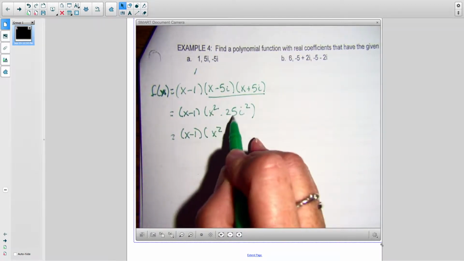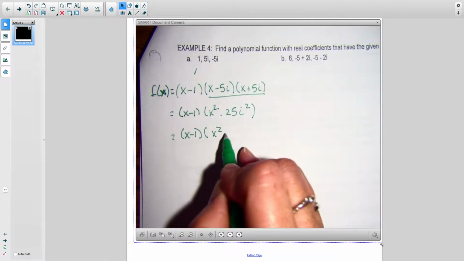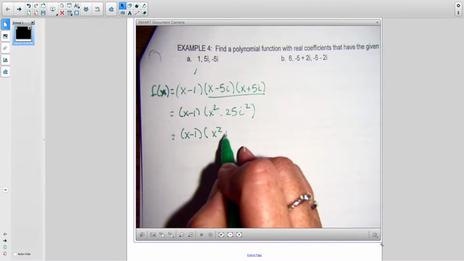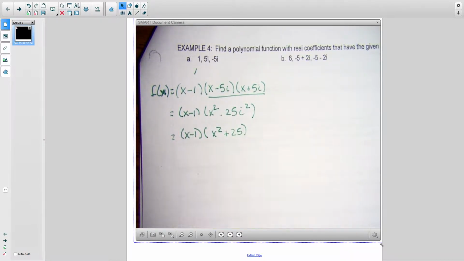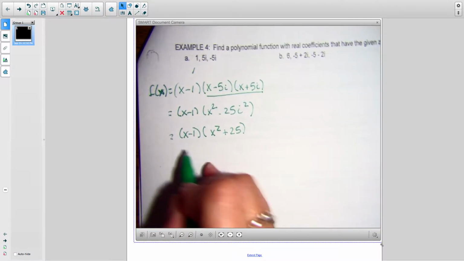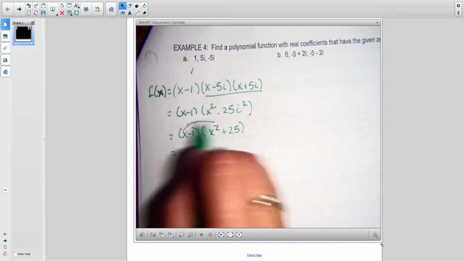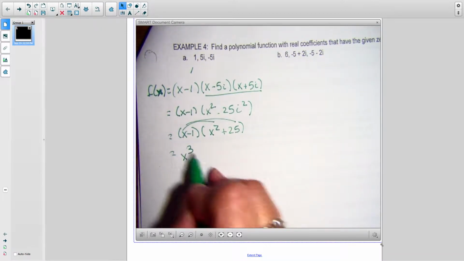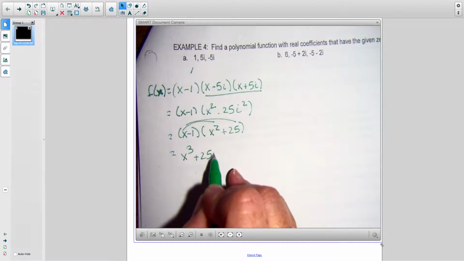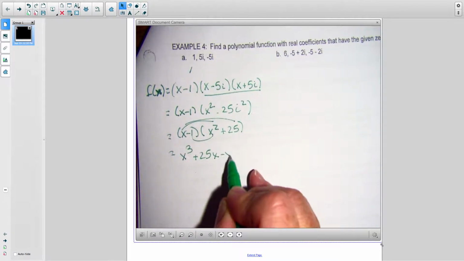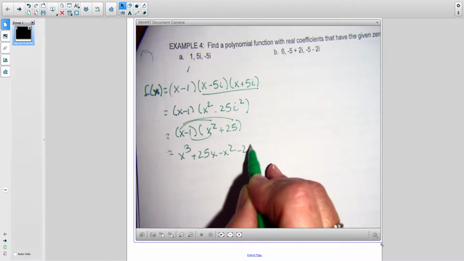So minus 25i squared is what? Plus 25. Now do you see where the i came from when you would solve that? You subtract 25, square root it, you get the square root of a negative. Now multiply the rest of this out. Distribute: x cubed plus 25x minus x squared minus 25.